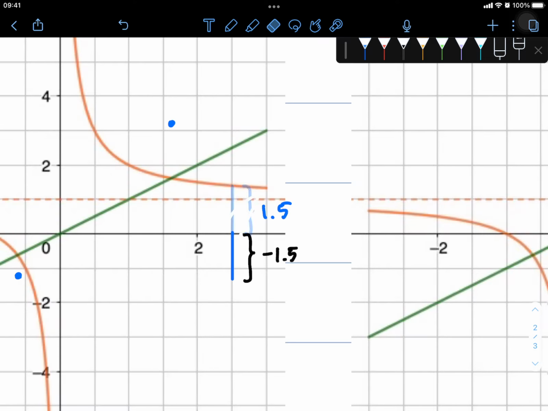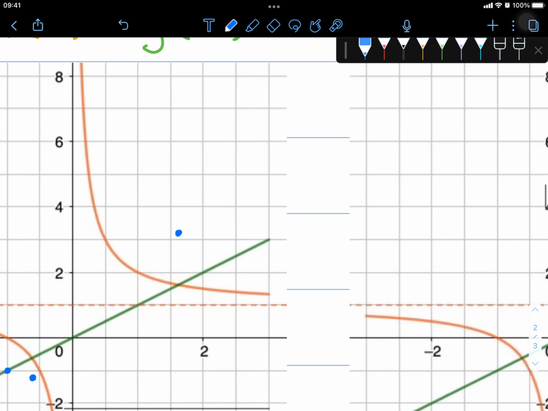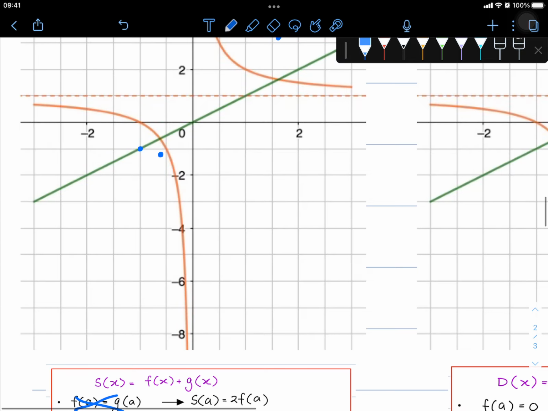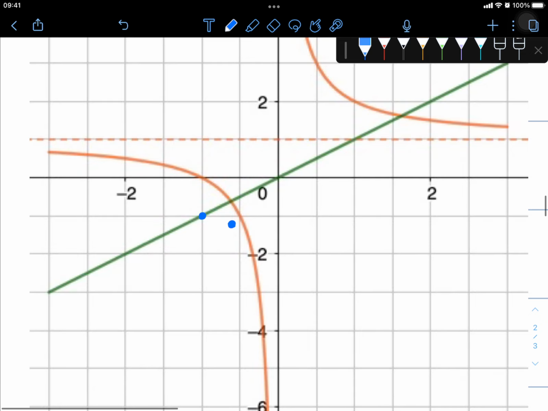There are no x-intercepts on the right-hand side, meaning the curve that we're about to draw doesn't do something like this. There are no x-intercepts. Let's get rid of this. Now for this left-hand side, let's consider the first bit of logic that we have to think about. Let's just pick, let's say, this point here.